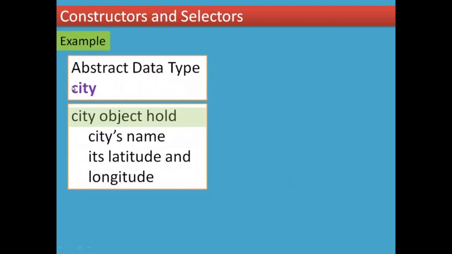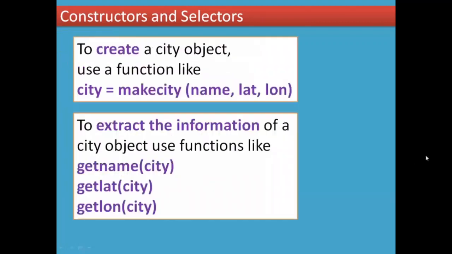Here we have an example for abstract data type. We take city, and city is an object which holds city name, latitude and longitude. To create a city object, use a function like city = makecity(name, lat, long).